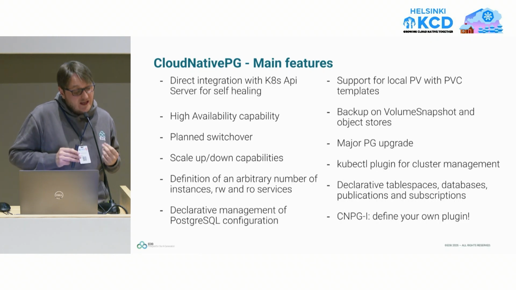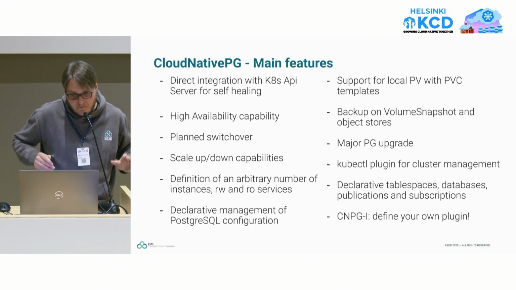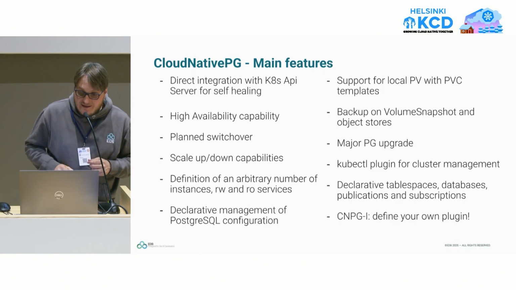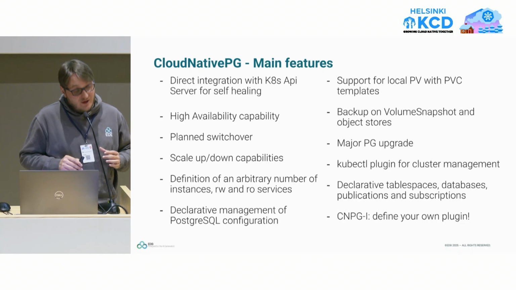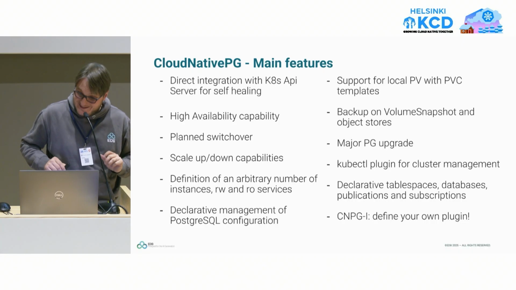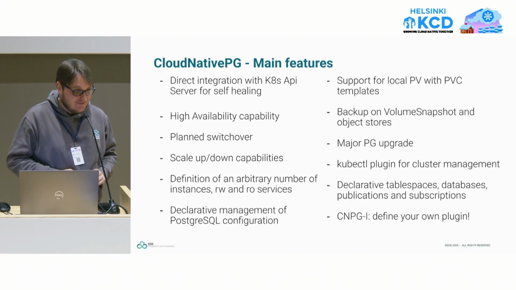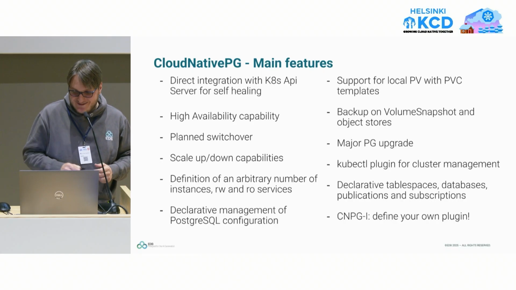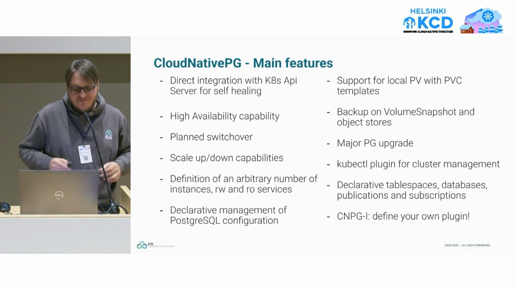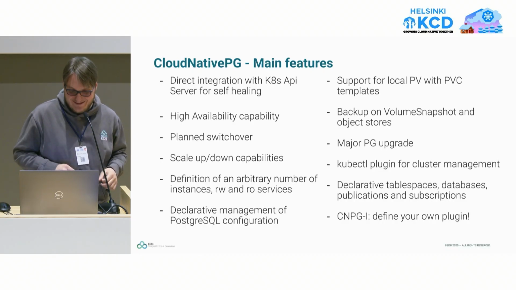So basically, you can achieve logical replication in a declarative way. Also, a nice new feature is offline major PostgreSQL upgrade. That is something that is always delicate to do, and thanks to the operator that does this for us, trying to be a better DBA than we can be.